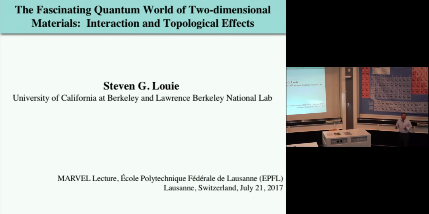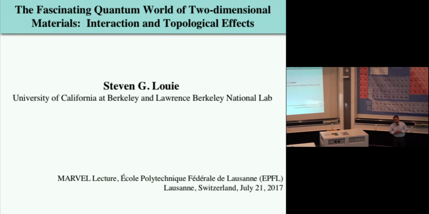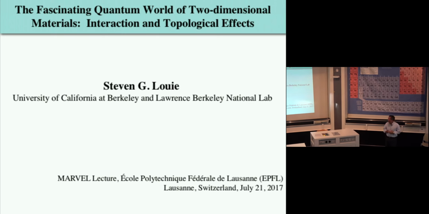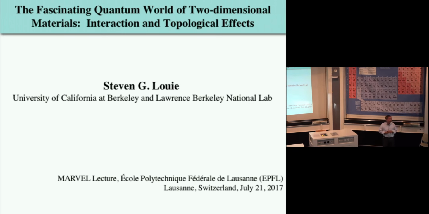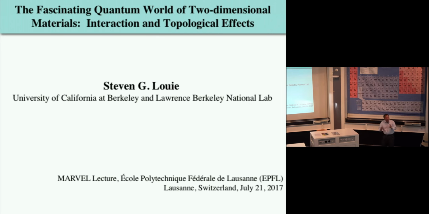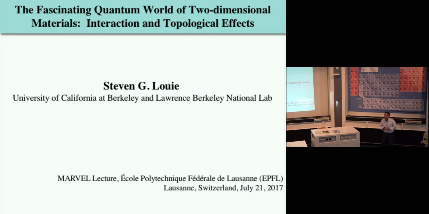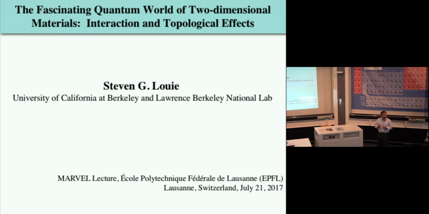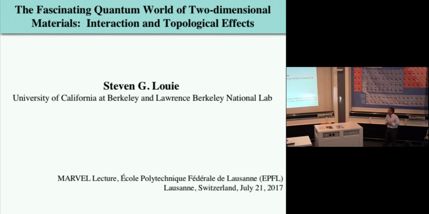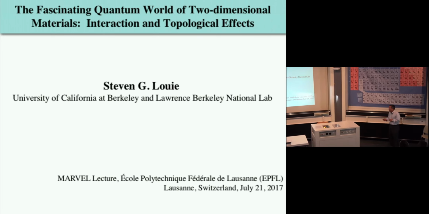What I would like to share with you today is some recent work that we have done in the area of atomically thin 2D materials. In particular, the effects of interactions and topological band effects in affecting the properties of those materials.